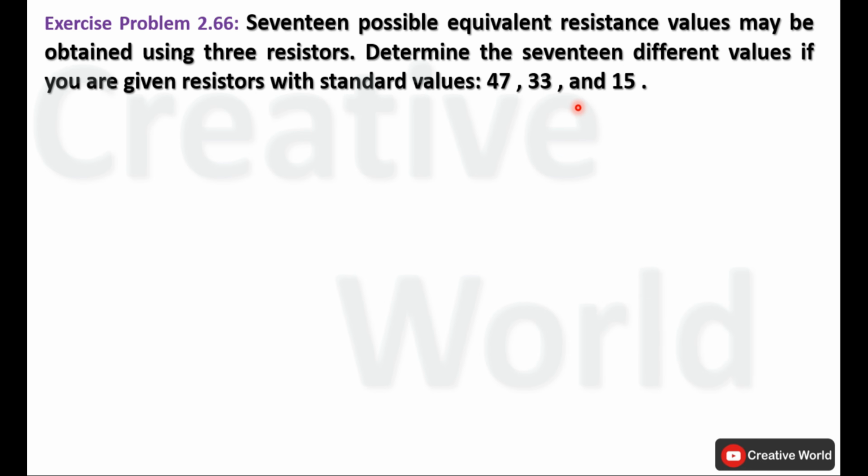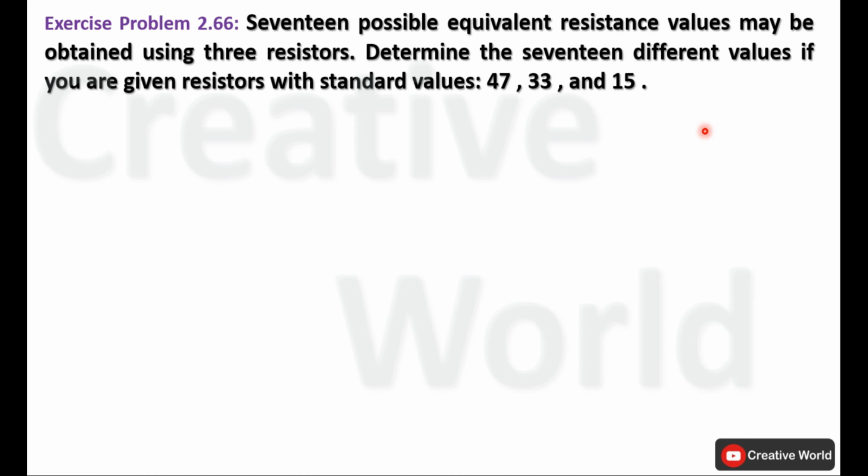In this scenario, it is asked to make 17 different configurations of resistances using these 3 standard resistances. And it is also instructed that all equivalent resistances should be different in value. So without wasting time, let's proceed towards the solution.